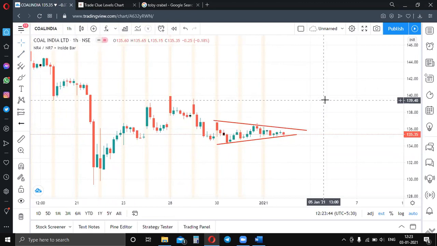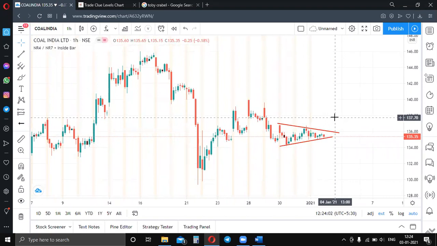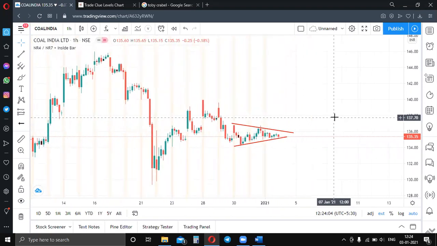Whichever direction it breaks, as a technical analyst, what I'll do is try to take a trade on Coal India. Moreover, chances are very good that we will get a swing trade opportunity. Okay, so the higher consolidations provide us a very good swing opportunity. All right.